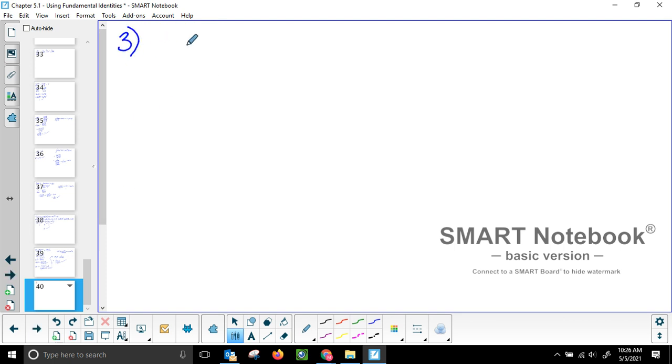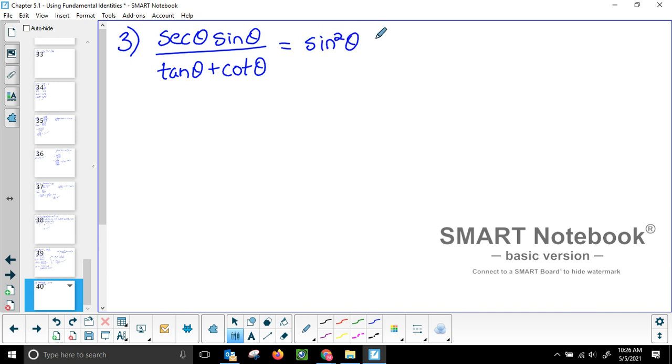Okay. So 3 says secant theta sine theta over tan theta plus cotan theta, and that is supposed to equal sine squared theta. Well, yesterday, one of the rules of thumb was that if you ever get stuck or don't see anything obvious, put everything in terms of sine and cosine.